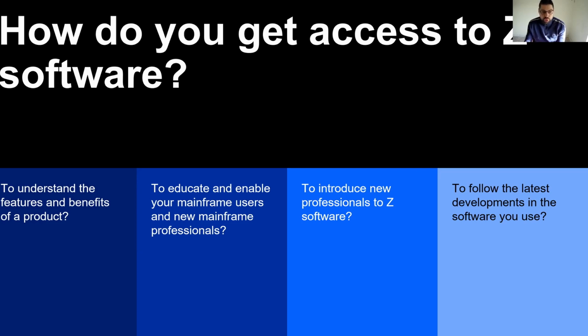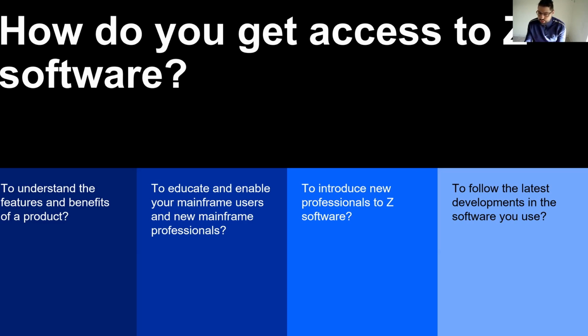Understanding the features of a product is difficult if the product is new and has new features that aren't just developments of existing ones. Mainframe users, when we're trying to grow the Z skills pool, as you know, z/OS is still a huge part of IBM's business and is continuing to grow. So educating new users is a huge challenge.